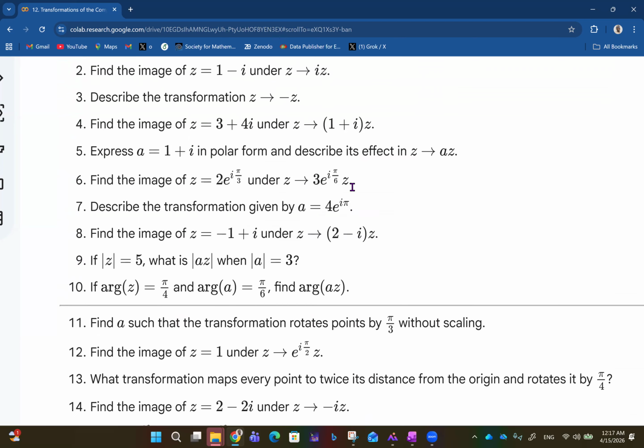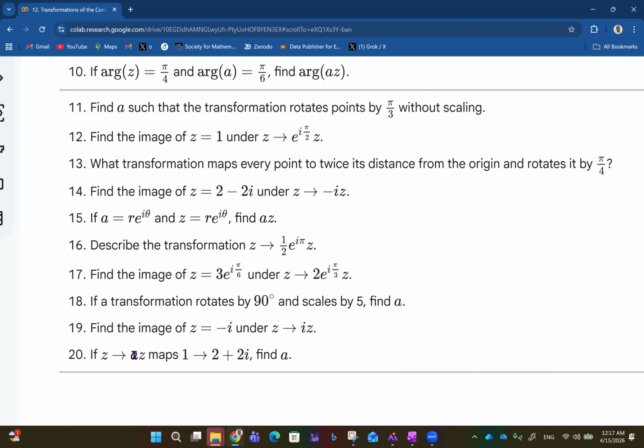And then I'm taking question 20, that's the last question. If the map Z to AZ maps 1 to 2 plus 2i, then find A. Of course, just like what we did in the last video, automatically Z is equal to 1, and then we need to figure out whatever A is, because this is now AZ. But let's go for that on the worksheet.